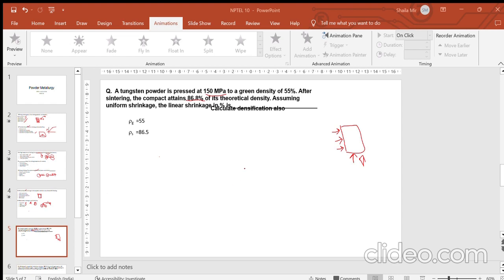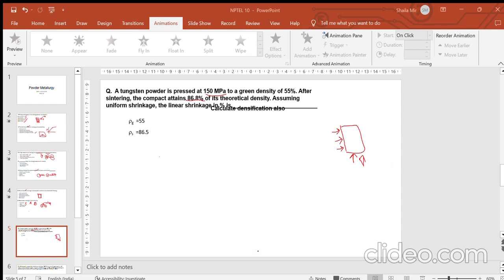So we can write this whole thing like 55, because this is 55%. So we are assuming the theoretical density to be, say, 100%. Out of that 100%, 55 is the green density, and with respect to the theoretical density, the sinter density is 86.8. So this is 55 divided by 86.8 is equal to (1 minus delta L by L) cubed.